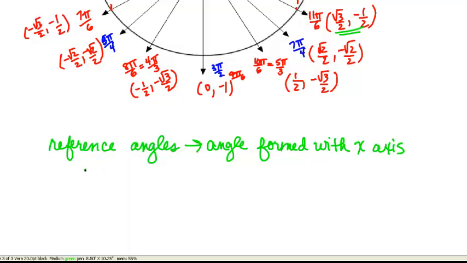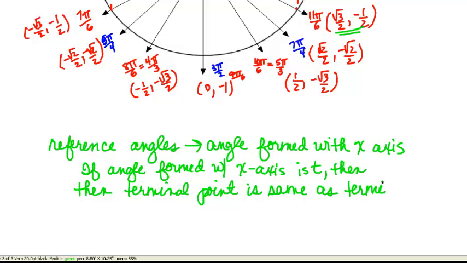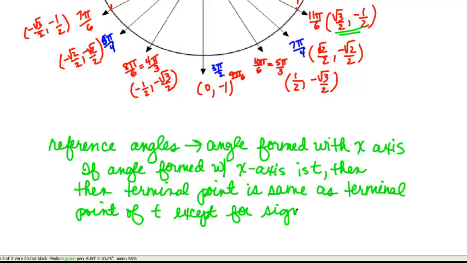And if the angle formed with the x-axis is t, then the terminal point is the same as the terminal point of t except for the signs. Okay.